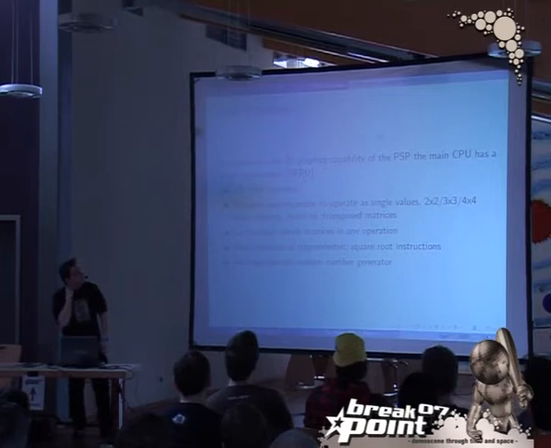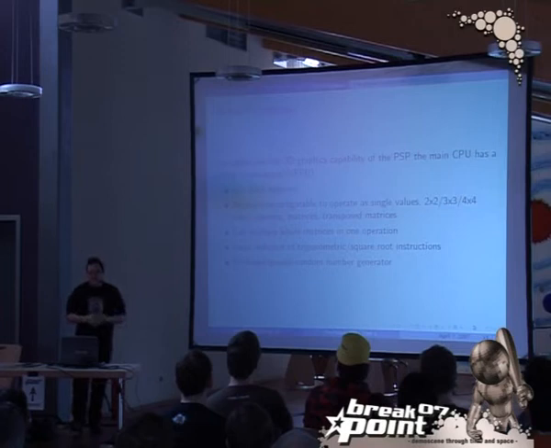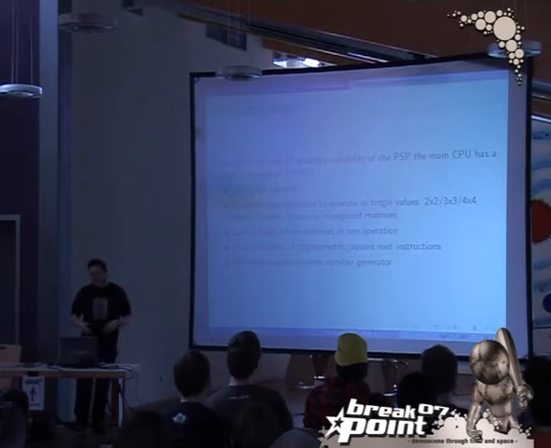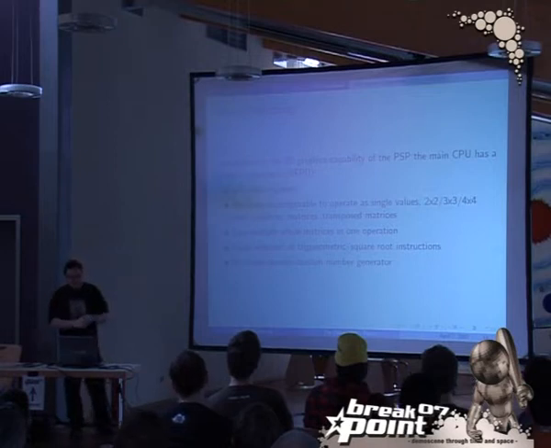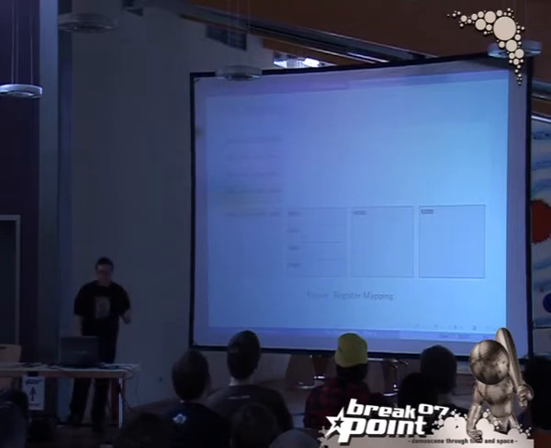Right. So one of probably the most interesting parts of the main CPU is this vector processor, because if you can multiply two matrices together, it simplifies the code quite a lot, and it also should give some speed improvements. It's got the usual sort of raft of trigonometric and square root instructions, reciprocal instructions, and an onboard pseudo-random number generator. But yes, the registers are split into multiple different ways.